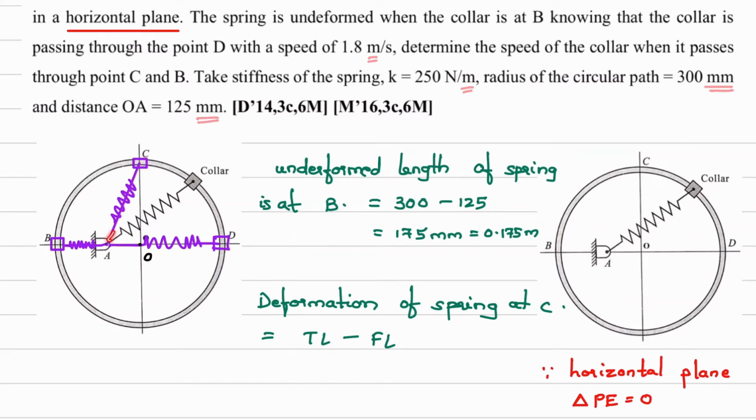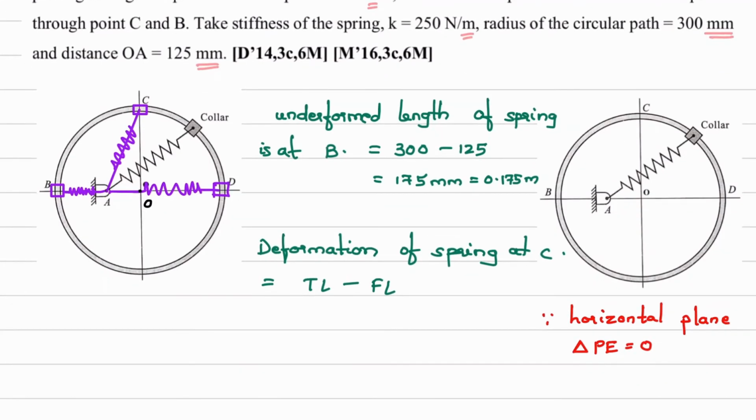Okay, so AC is the hypotenuse. If you see, consider the triangle ACO. So how to calculate total length? It will be the square root of radius OC, this distance is 300, so 300 square plus distance AO, it is 125 mm, so 125 square, minus free length.